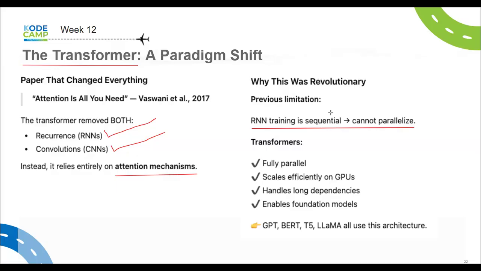So there was no way to parallelize that operation and put it maybe, for example, on a GPU where you could compute each time step in parallel simultaneously. That would have sped things up. That was a key limitation with the recurrent neural networks, whether it's RNN, whether it's LSTM, whether it's GRU, and all the other variants.